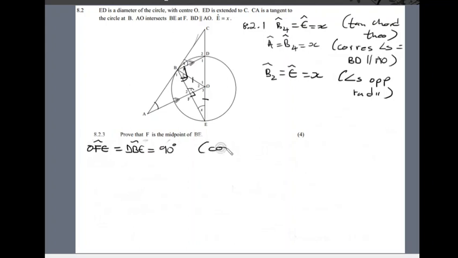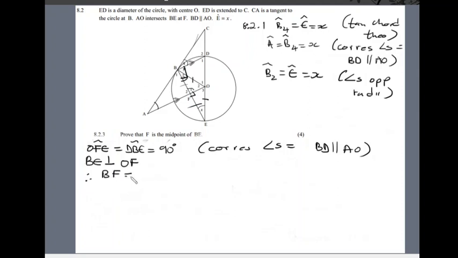Those are corresponding angles and they are equal. BD is parallel to AO. Now, because this angle here is 90 degrees, it means BE is perpendicular to OF, right? Now, because BE is perpendicular to OF, it means BF and FE are equal, right? Therefore, BF and FE.